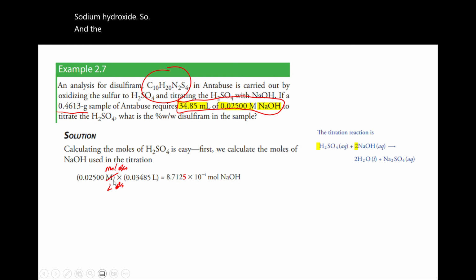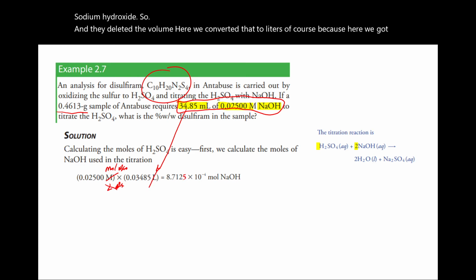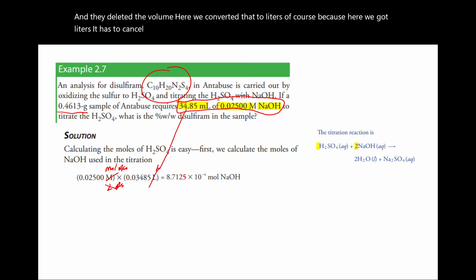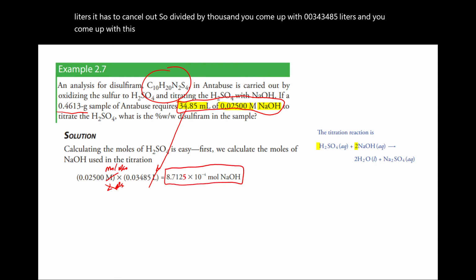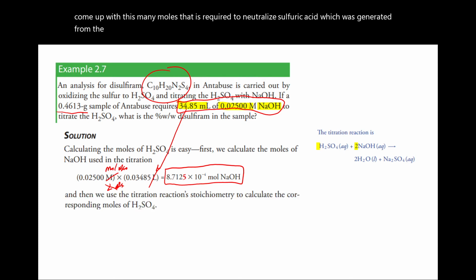The volume here, we converted to liters, of course, because here we got liters, so it has to cancel out. Divided by 1,000, you come up with 0.03485 liters, and you come up with this many moles that is required to neutralize sulfuric acid, which was generated from the disulfiram compound.